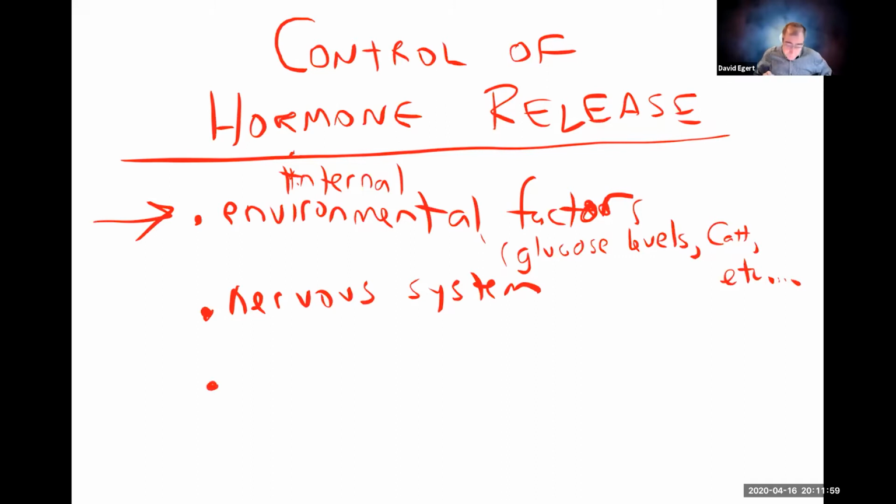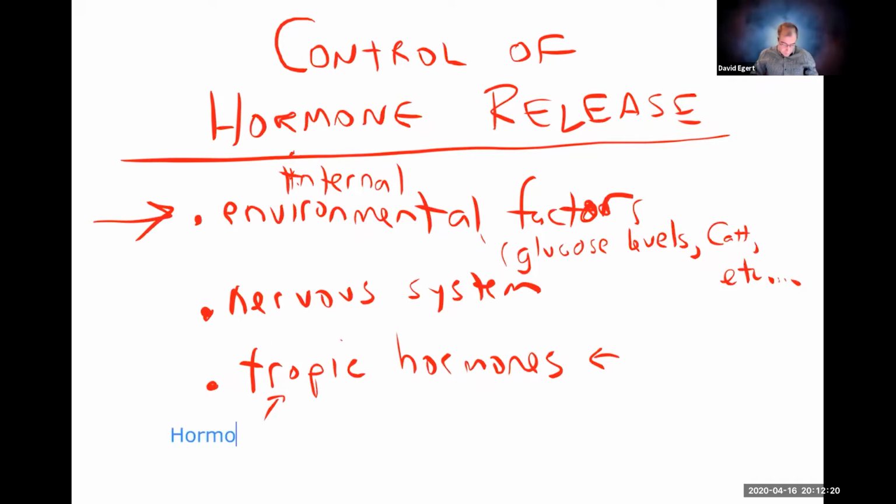And then a really big part of hormone control is actually hormones that control other hormones. So we call them tropic hormones. So basically a tropic hormone, and sometimes there's multiple levels of this.